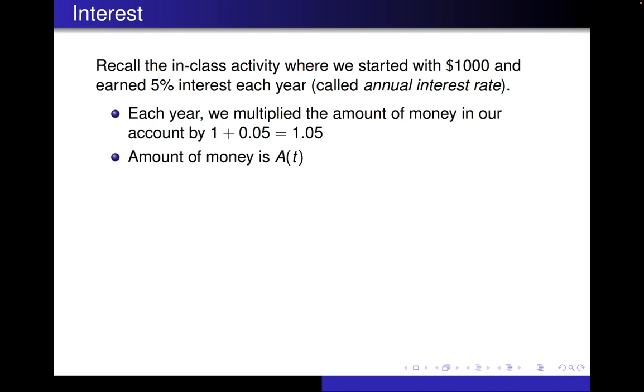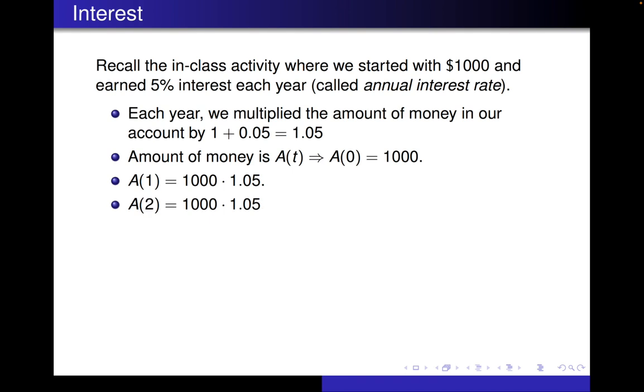Now, if the amount of money at time t is A of t, we know that A of 0 equals 1,000. We know that A of 1 equals 1,000 times 1.05. Now, if we want to get from A of 1 to A of 2, 1 year to 2 years, we take that amount of money that we have, 1,000 times 1.05, and multiply that by 1.05.